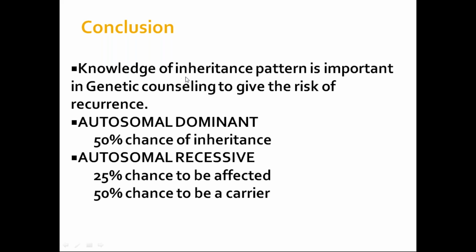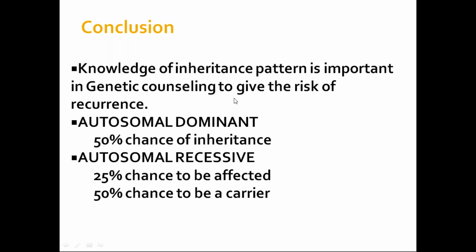Conclusion: knowledge of inheritance pattern is important in genetic counseling to give the risk of recurrence. In case of autosomal dominant condition, there is a 50% chance of inheritance. In case of autosomal recessive conditions, 25% chance of affected children, 50% chance of carrier children.